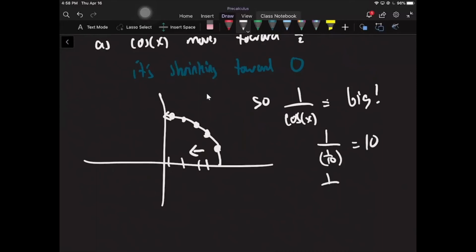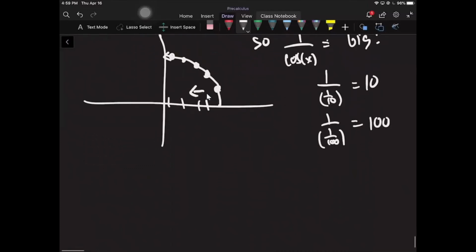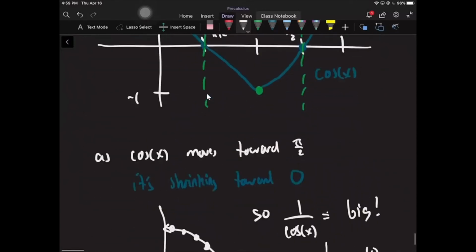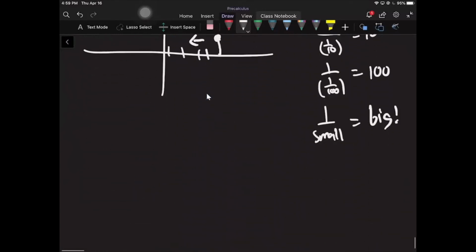And 1 divided by an even tinier number, like 1 over 100, becomes 100. So as the thing you divide by gets smaller, the overall number gets bigger. So what that means is that secant of x gets large.